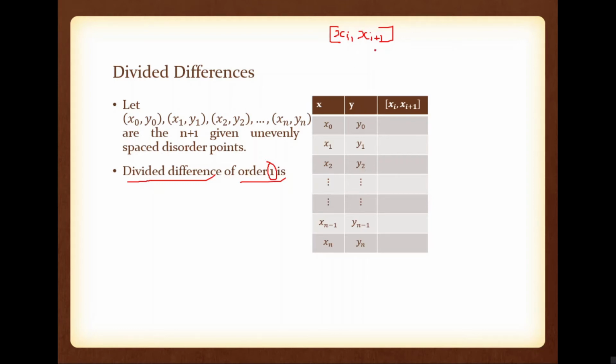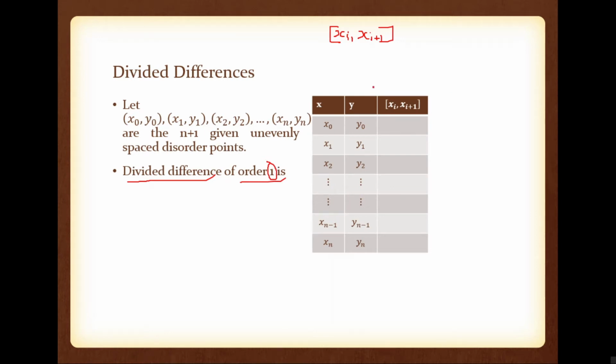So the divided difference is represented by using a square bracket, and the number of adjacent elements inside the square bracket indicates the order of that divided difference. If you have two elements, then 1 is the order. If you have 3 elements, then 2 is the order. If you have n plus 1 elements, then n is the order. So please note that.